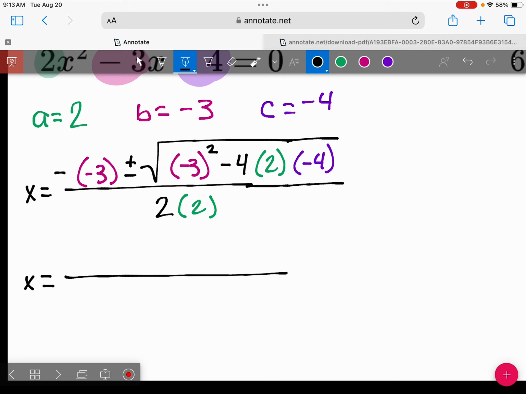So what pieces can we simplify here? So we know we're going to simplify what's in here. What happens when I take the opposite of negative 3? Positive 3. Plus or minus the square root. And you can do this in 2 steps or you can do it in 1 step. I'm going to do it in 2 steps. Negative 3 squared, 9. Minus 4 times 2 times negative 4.